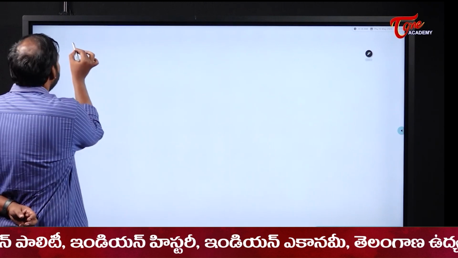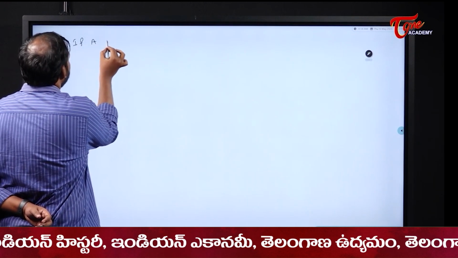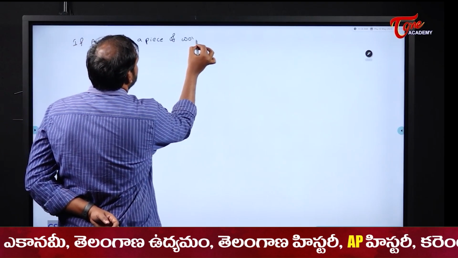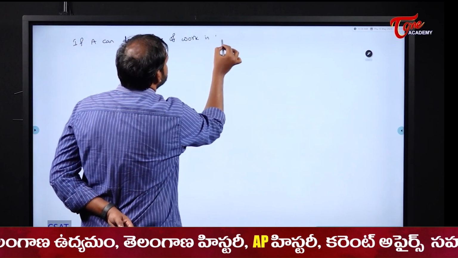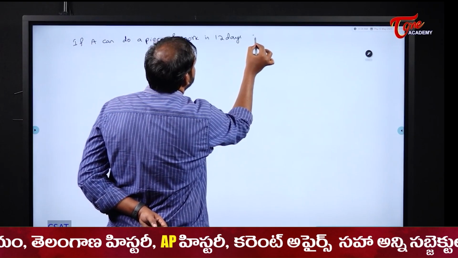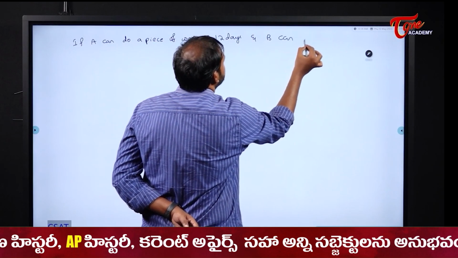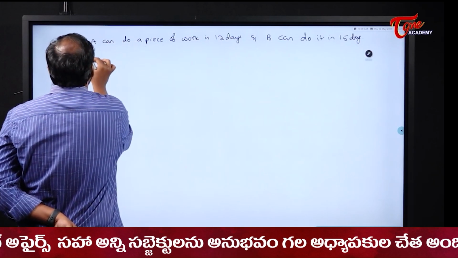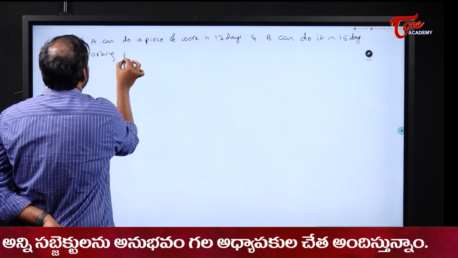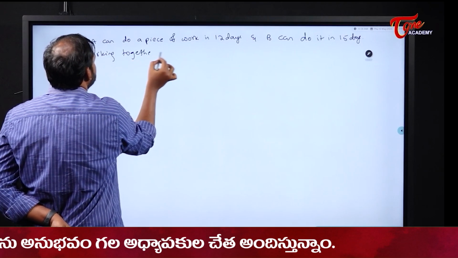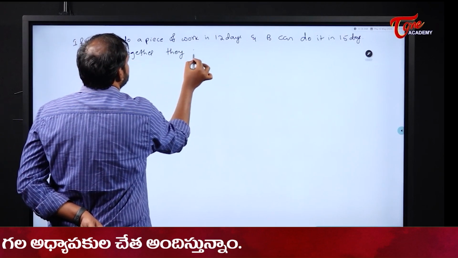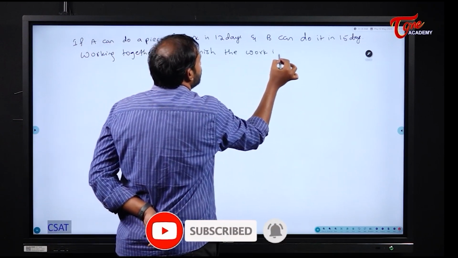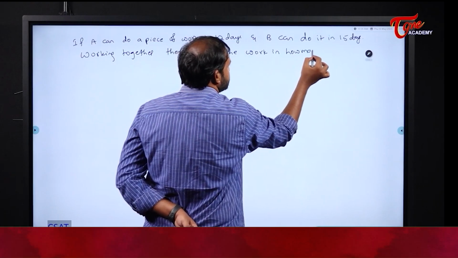Now see here, for example, if A can do a piece of work in 12 days and B can do it in 15 days, working together, they finish the work in how many days? That is the question for us.